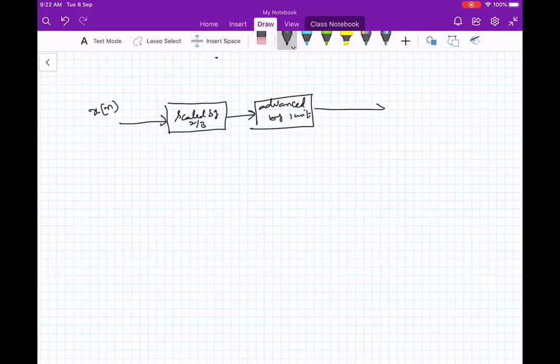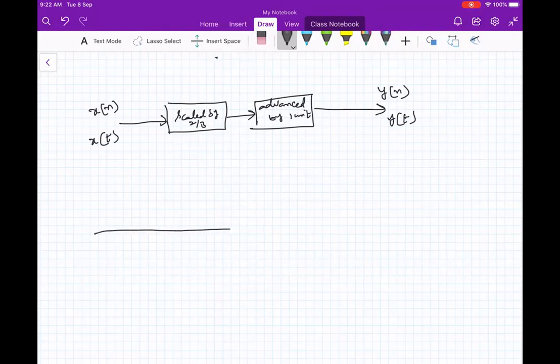These are the operations to get y of n. This is one signal, and the output y of n is also a signal. For simplicity, we may take x of t and y of t as well. Even though we mainly discuss discrete signals, for ease of the example we take a continuous time signal here.